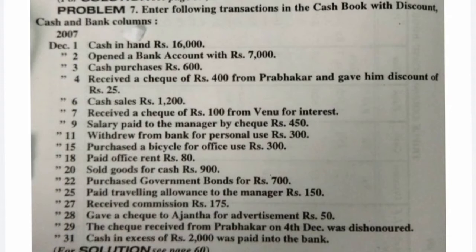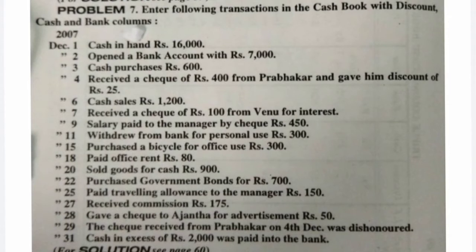Okay, so the entry is a contra entry. We are taking out the cash of rupees 7,000 and we are opening the bank account. So here the bank account debit 7,000 rupees to cash account 7,000 rupees. To open the bank account we need to deposit some amount into the bank.